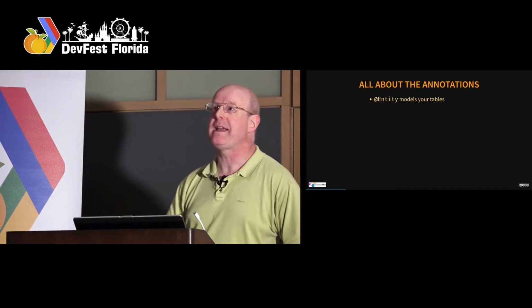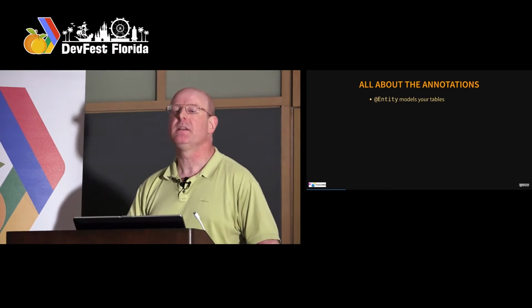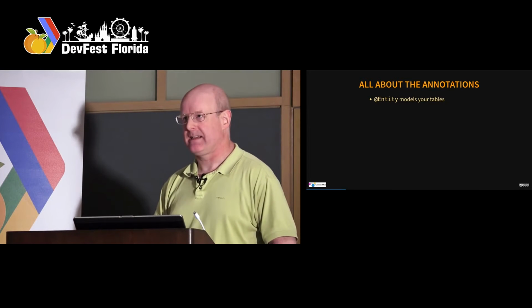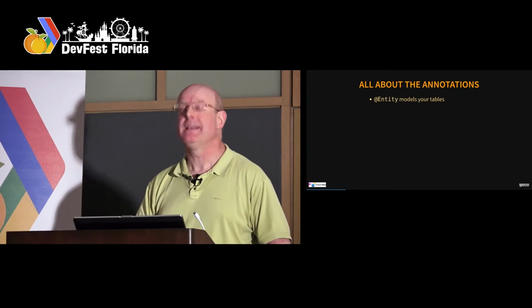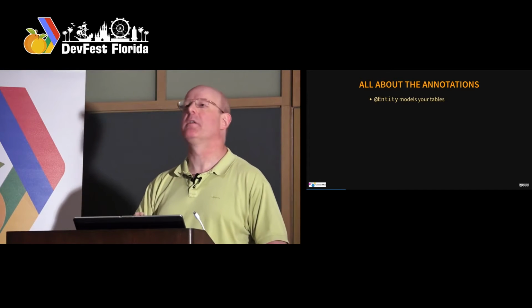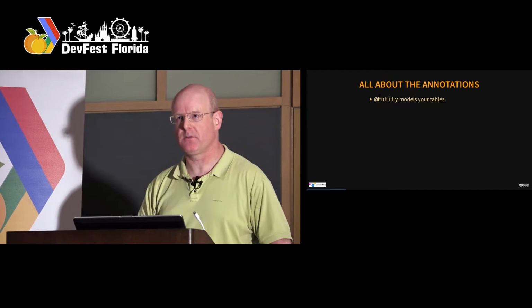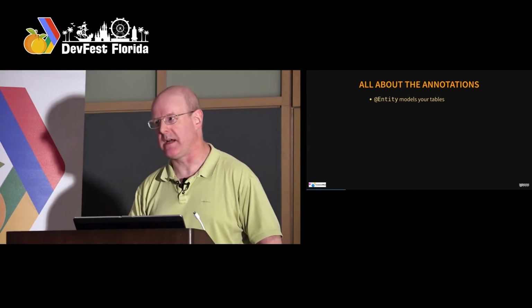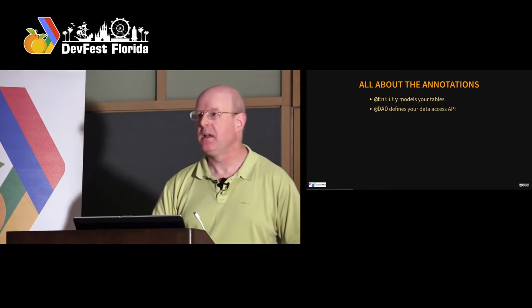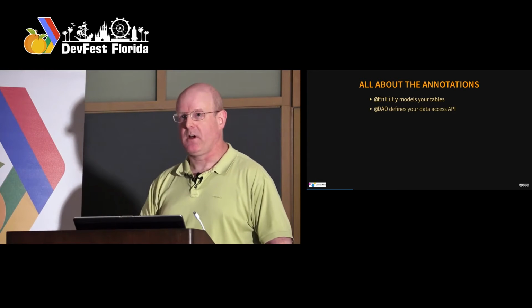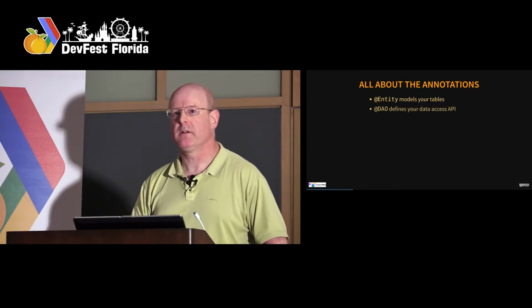There are 3 annotations that are going to be central to what we're going to be creating in Room. The @Entity annotation you'll add to POJOs. These are what are going to model your table structures. You are going to have fields on those POJOs, and those are going to map frequently one-to-one to columns inside of a SQLite table. You're going to have a @Dao annotation on some other abstract class or interface.